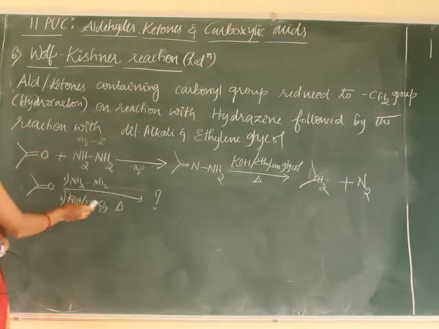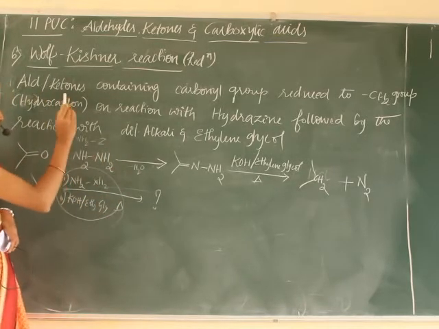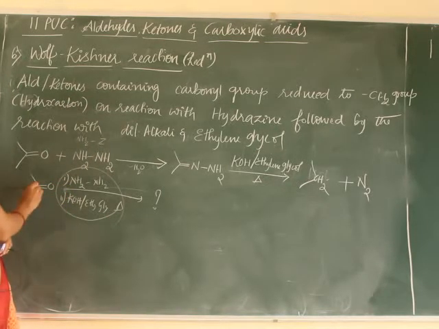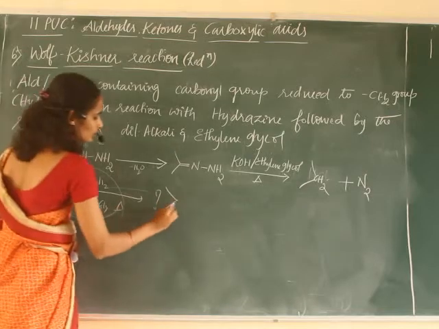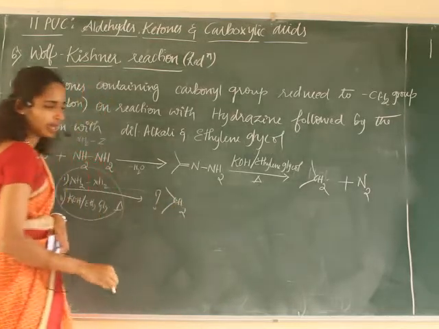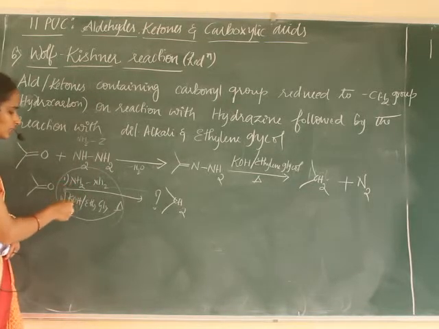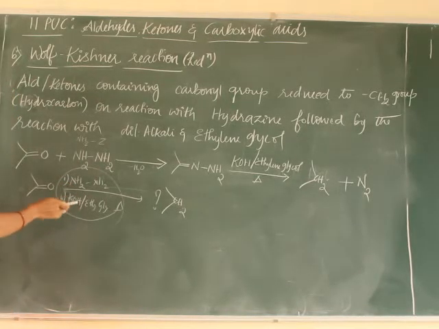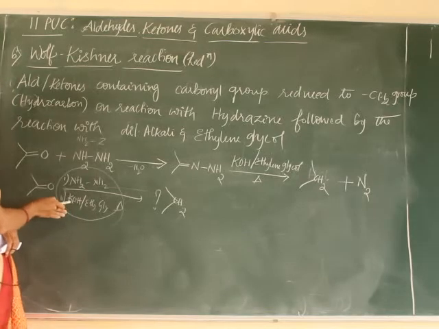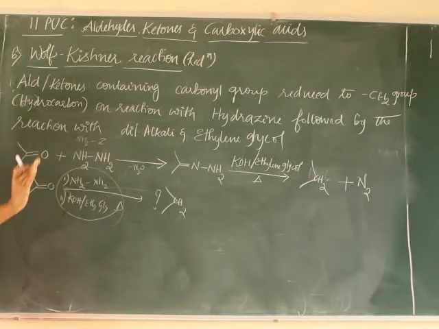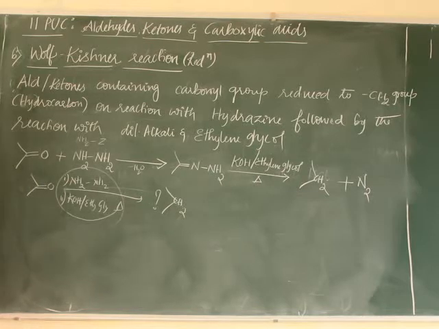C double bond O reduces to CH2, and they will ask you to name the reaction. Because of the presence of hydrazine, ethylene glycol and potassium hydroxide, this reaction is a Wolff-Kishner reduction. The products are the same in Wolff-Kishner and Clemmensen reactions; the reagents are different. Hope it is clear for you.